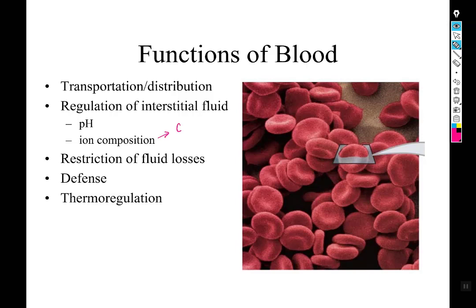So we've got calcium, that's a big one, but also sodium and potassium. Those are kind of the big three. If you get significant dysregulation of any of those ions in the interstitial fluid, bad stuff starts to happen, and we've talked about that. Changing blood volume can help with restriction of fluid losses. So we talked about atrial natriuretic peptide and also the renin-angiotensin system.